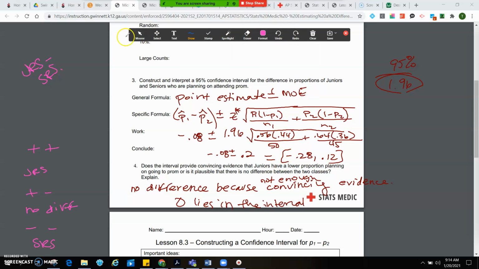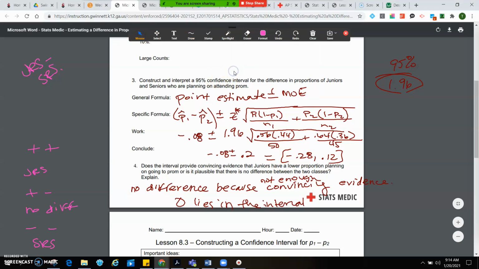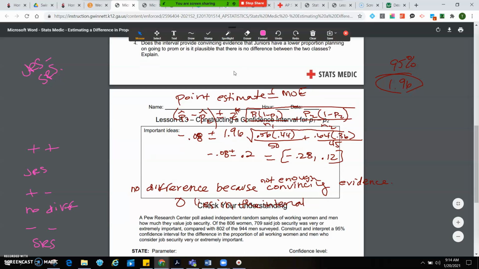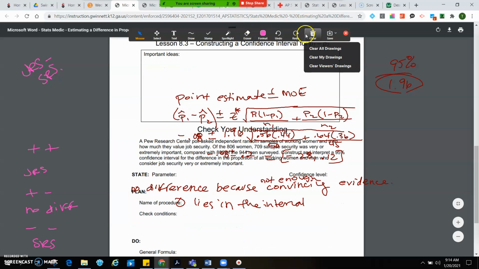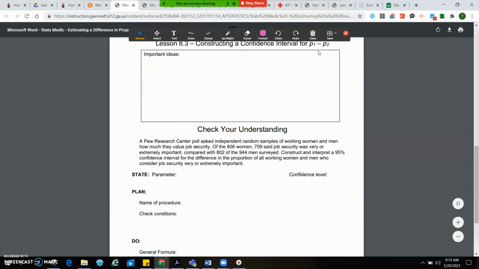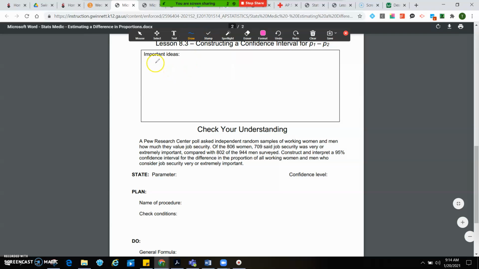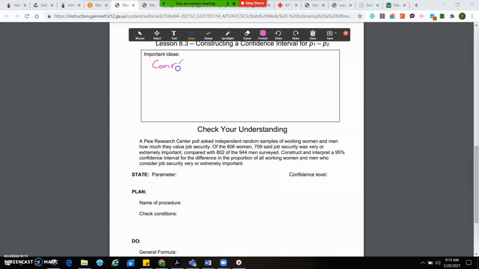Okay, so the big ideas that I want you to take away from today is that you've got a confidence interval for P1 minus P2.